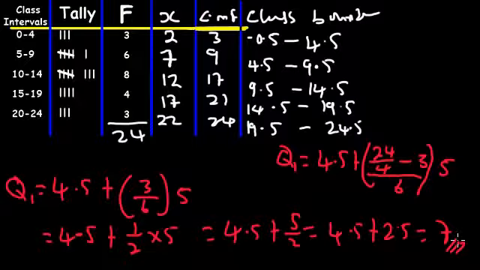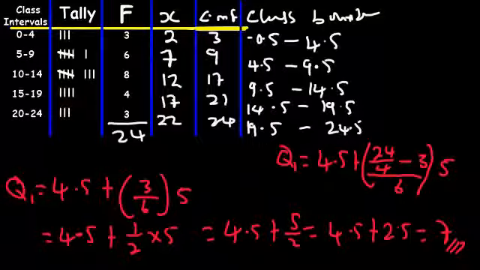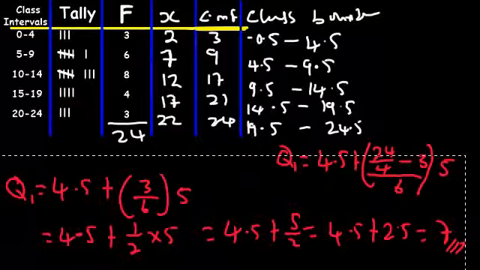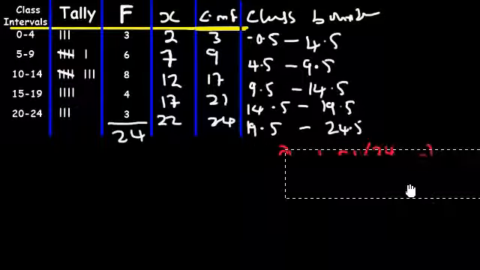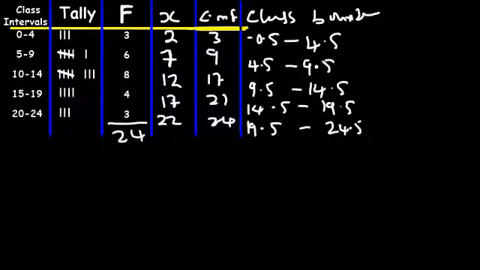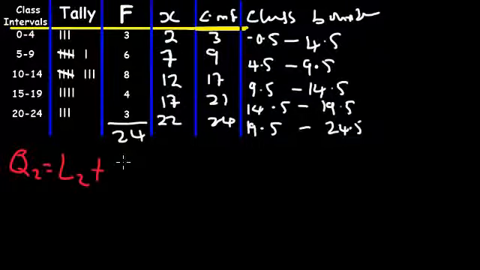Now what about Q2? Let's also find Q2 as well. Q2 will be equal to L2, the lower boundary of the Q2 class, plus, now it won't be summation of f over 4. It should now be 1 over 2 summation of f. That's summation of f over 2, okay, perfect.